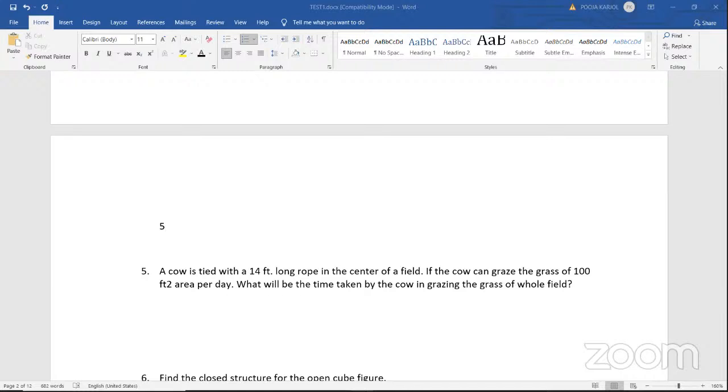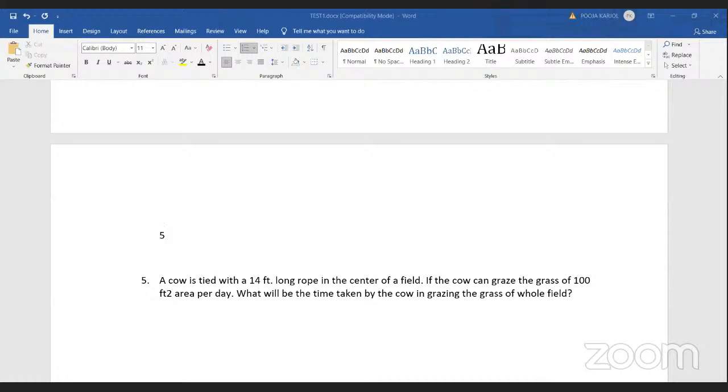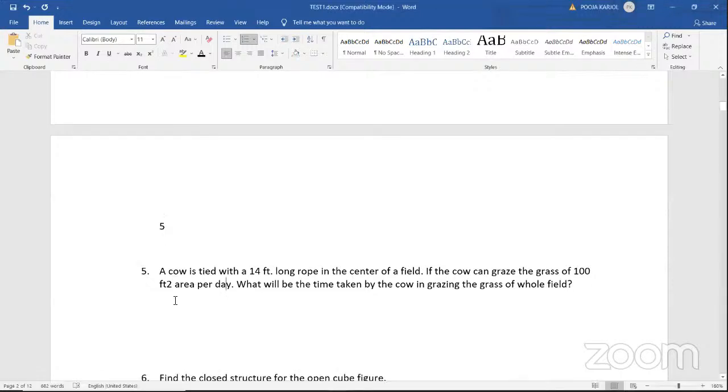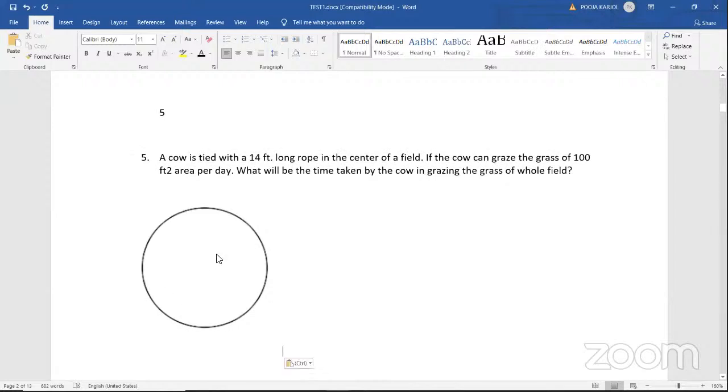I'll just show you guys how it is. The field, they have not given which shape it is, it doesn't matter. Suppose at the center the cow is tied and the radius is 14 feet long, and if it can move all around, then it will form a circle. In a circle it grazes 100 square feet area per day. What will be the time taken by the cow in grazing the whole field?